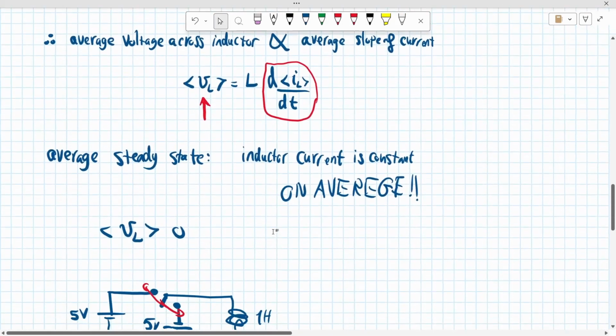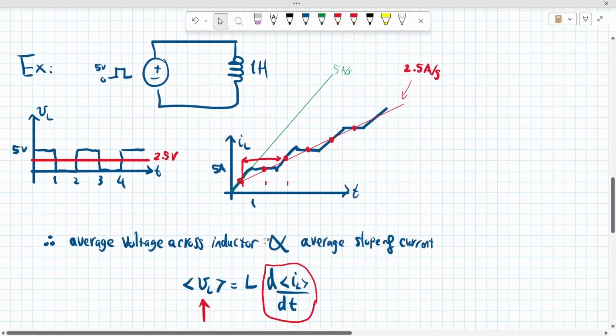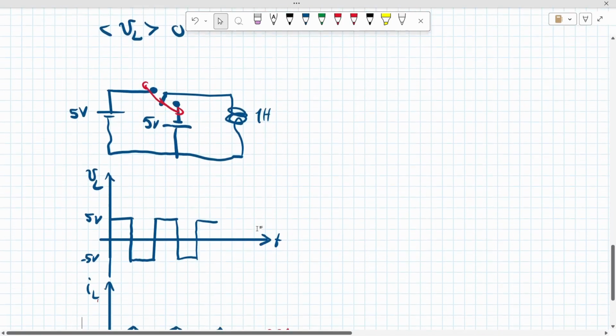So that's probably most of the important things that we need to know about inductors, so to summarize, golden rules. Write these ones.